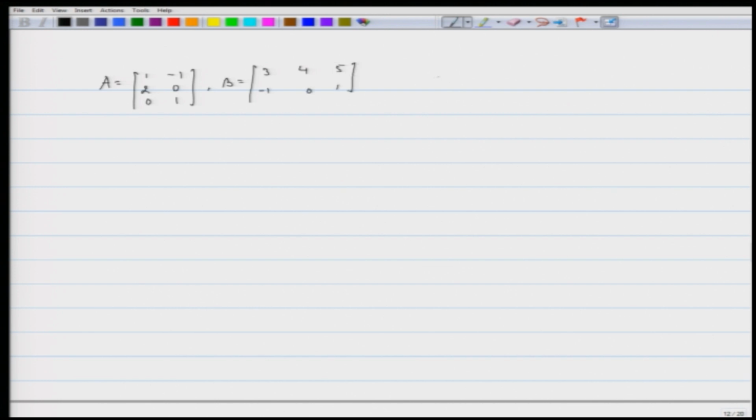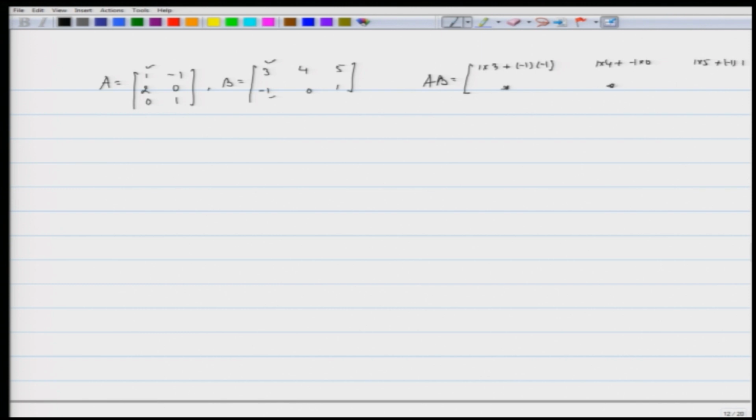So, the matrix product AB is this one with 3, that is 3 plus minus 1 times minus 1, then 1 times 4 plus minus 1 times 0, then 1 times 5 plus minus 1 times 1.